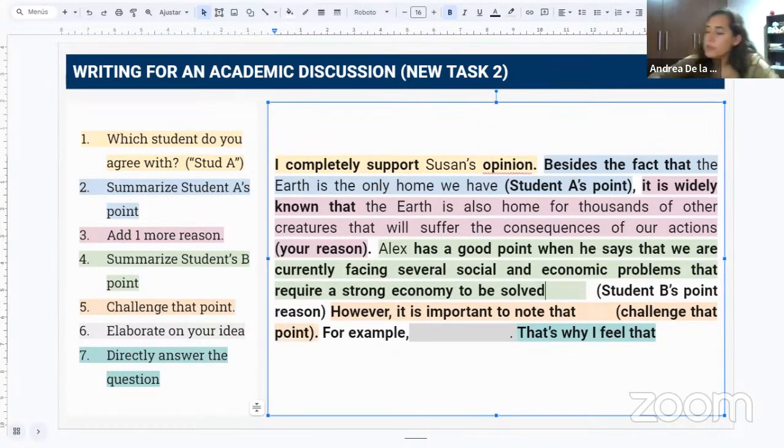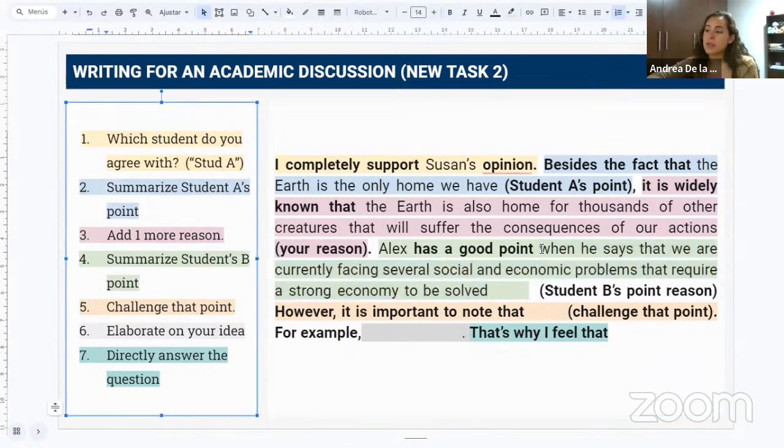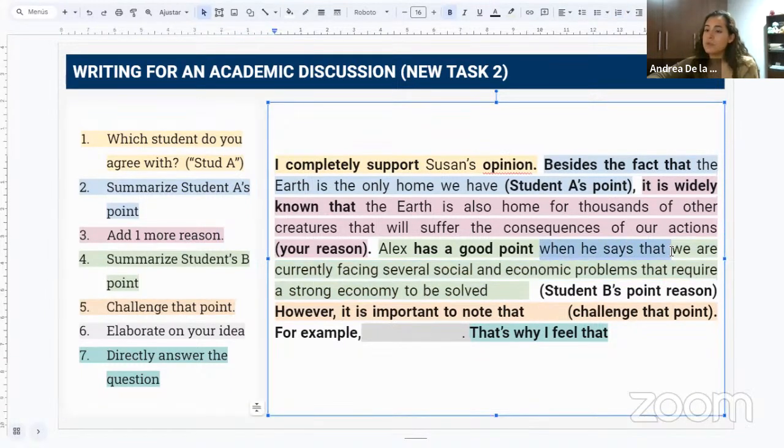Okay. So this is what Alex says, right? Alex has a good point when he says that we are facing different social and economic problems that require a strong economy to be solved. That is true. And now, after we have mentioned Alex's point, we need to counter-argue it. We need to challenge it.